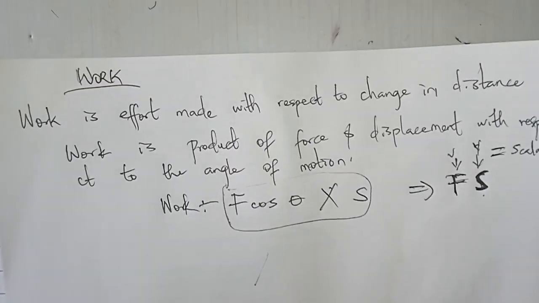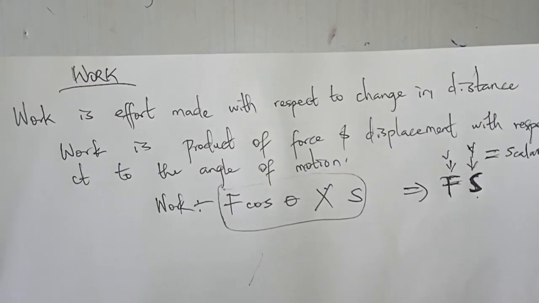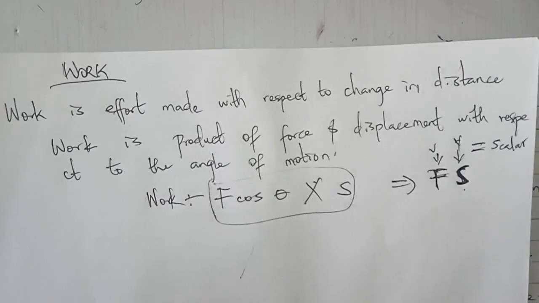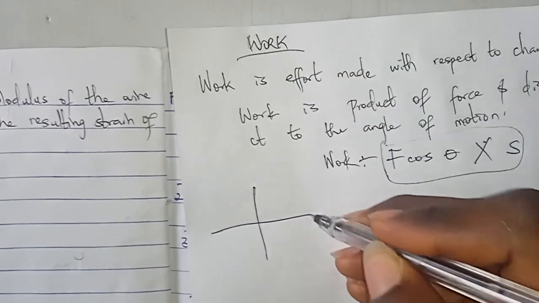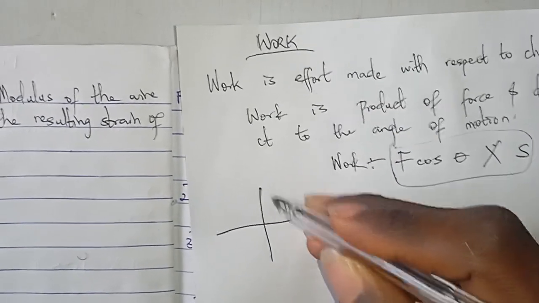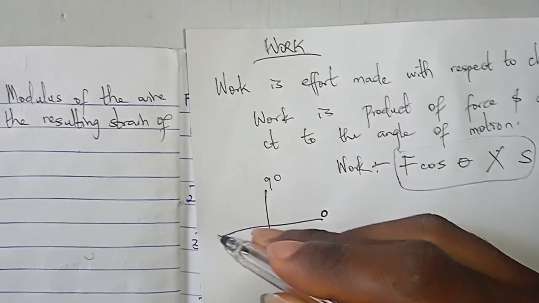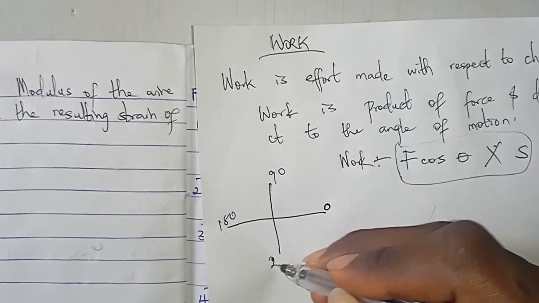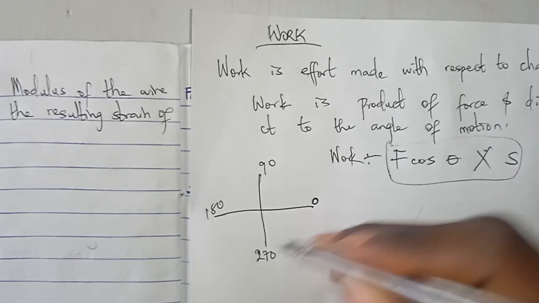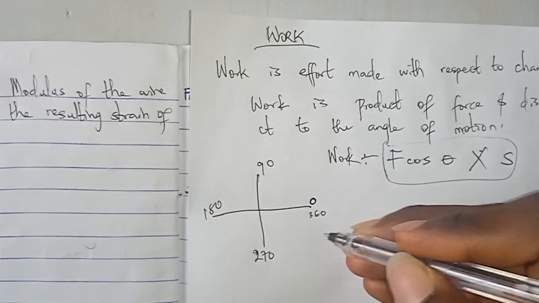So I said work is effort made with respect to change in distance. Work is the product of force and displacement with respect to the angle of motion. So you see what I mean? We know that the first quadrant starts here at 0, over here is 90, 90 to 180, 180 to 270, then 270 to 360.